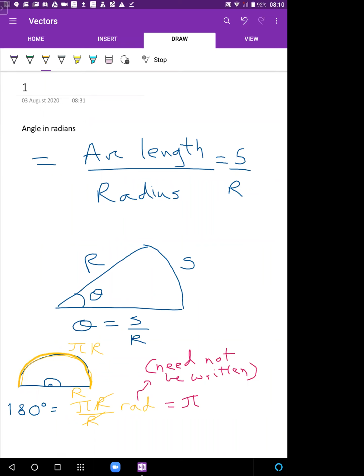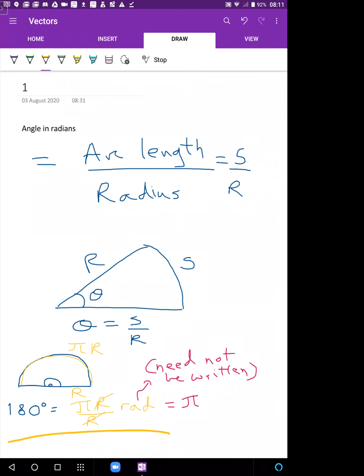So instead of 2 pi r, this is going to be pi r. So the arc's length is pi r, the radius is r. When I divide the arc length by the radius, what do I get? I get pi r by r. R कटेगा. I get pi radians. So 180 degrees is pi radians.